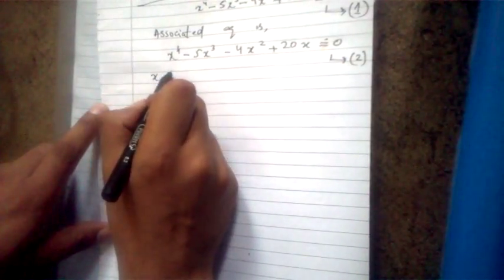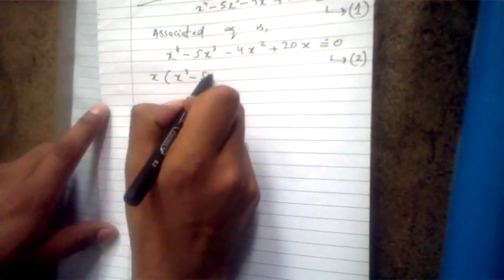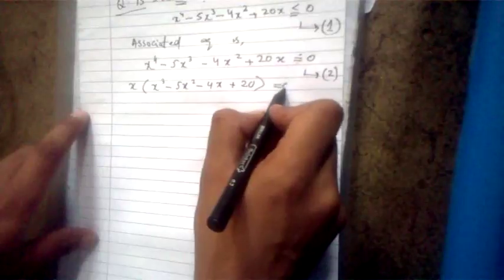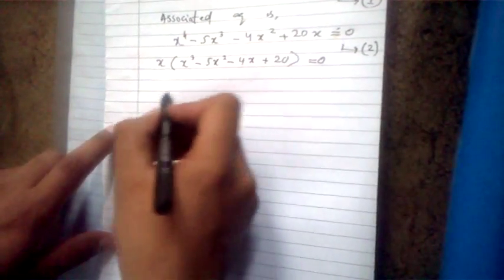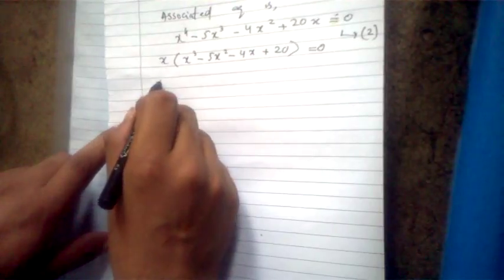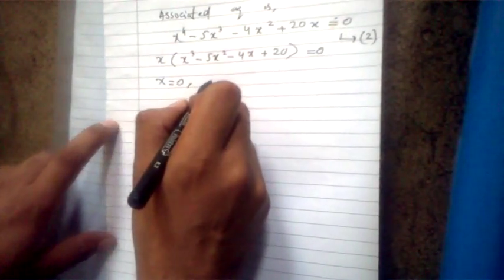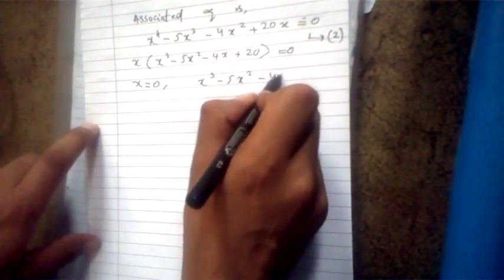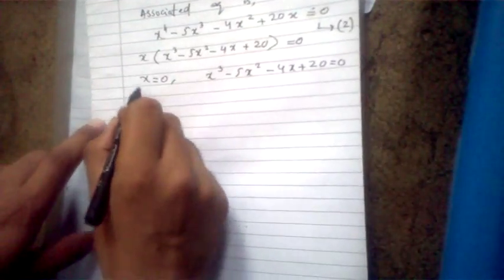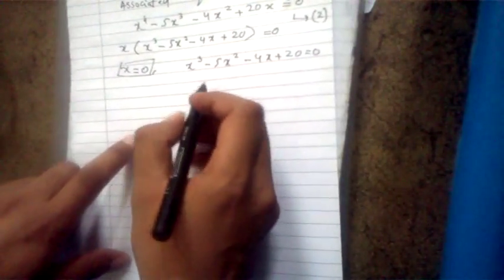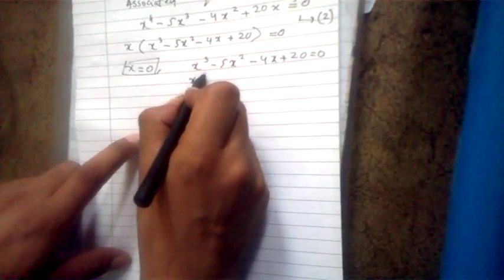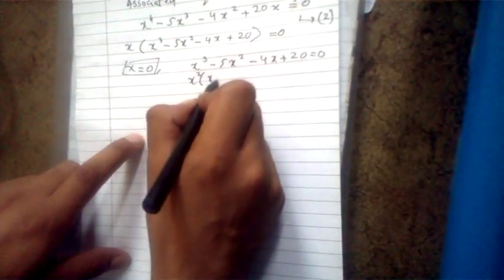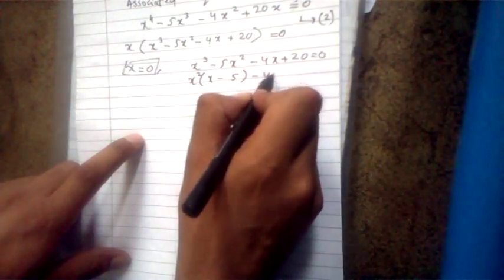Take x as common between them. X cubed minus 5x square minus 4x plus 20 is equal to 0. You will get x is equal to 0 and x cubed minus 5x square minus 4x plus 20 is equal to 0. This is one of the boundary points. You can take x square as common between the first two, x minus 5, minus 4 is taken as common.